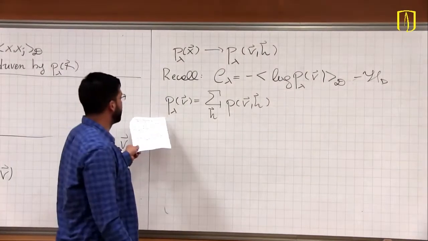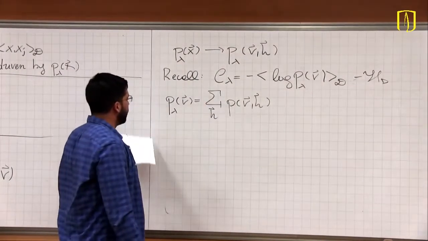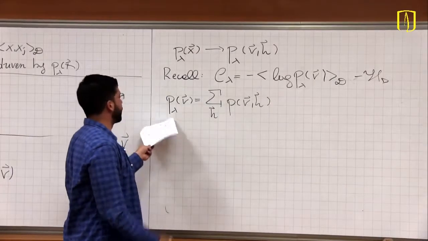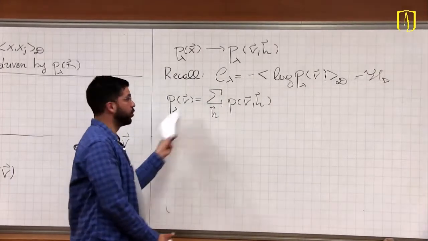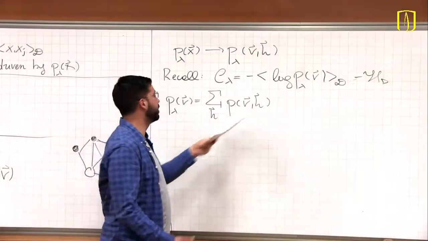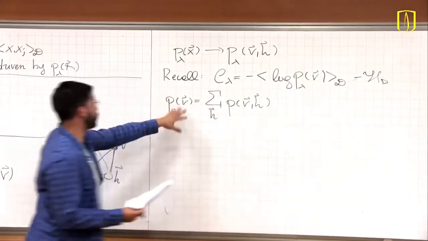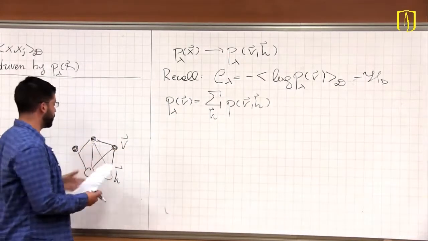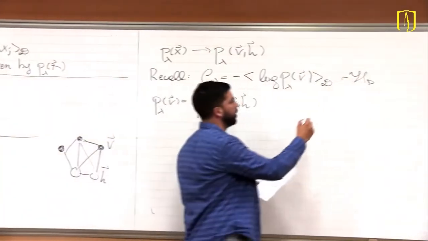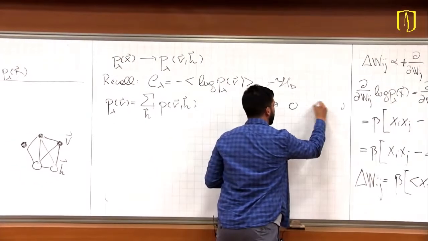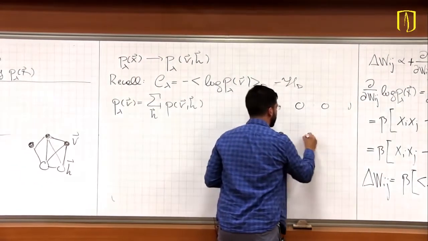And so we need to obtain this probability to use it for the training, for the learning. The simplest way to do this sum and obtain a tractable marginal is to restrict the interaction. That's why it's called the restricted Boltzmann machine.